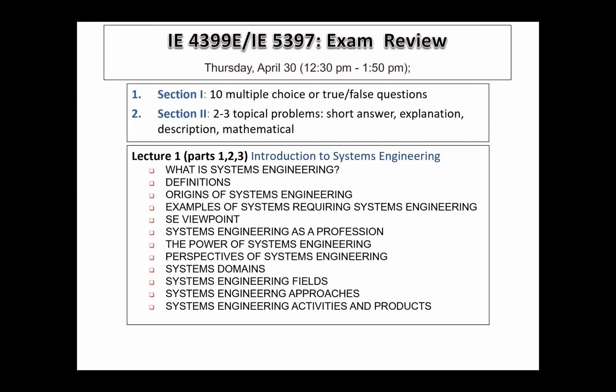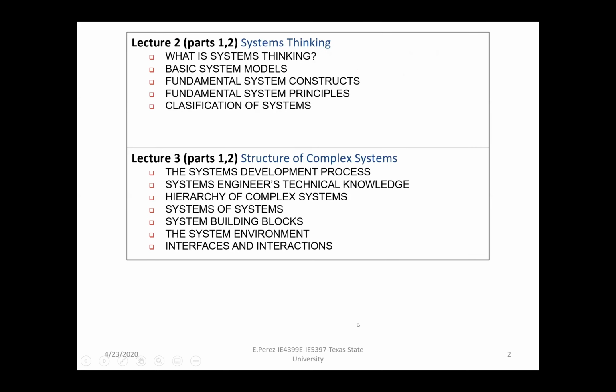So again, in terms of the material, we will start with lecture 1, in which we did an introduction to systems engineering. And then we spent some time looking at the system thinking component. What is system thinking? What are the basic models?